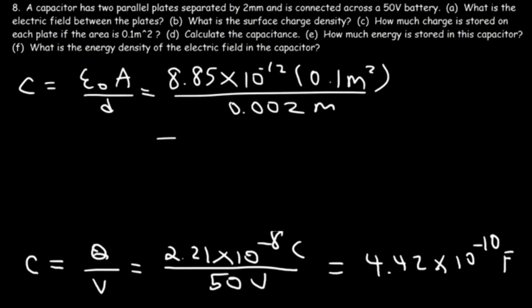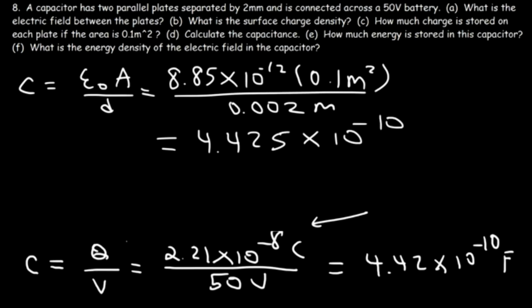So this will also give you 4.42, it's really 4.425, but this answer is a rounded answer, times 10 to negative 10 farads. So using either equation will give you the same answer.